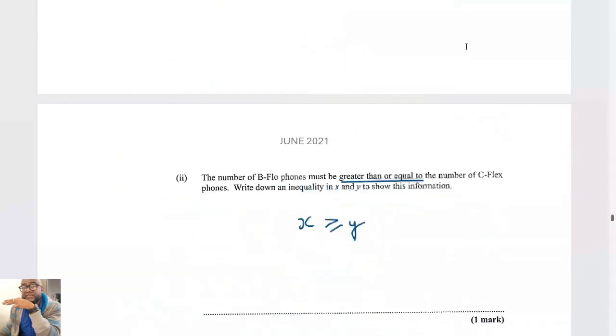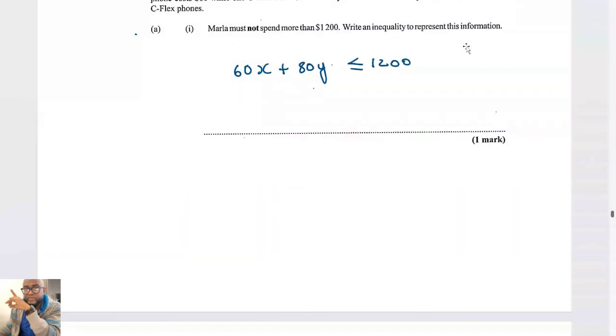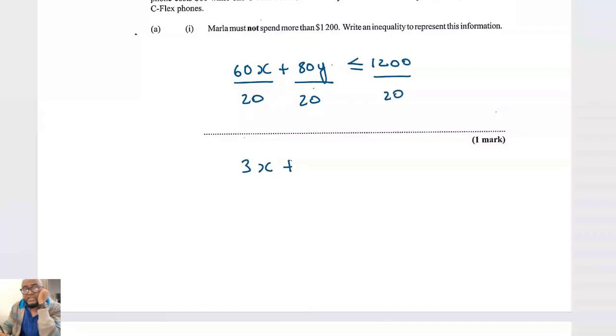So the region we want to show, I want to go back up here because I want to show you all what this inequality actually is. If I divide here by 20, divide here by 20, divide here by 20, this is the same thing as what we have below, which is 3x plus 4y is less than or equal to 60.